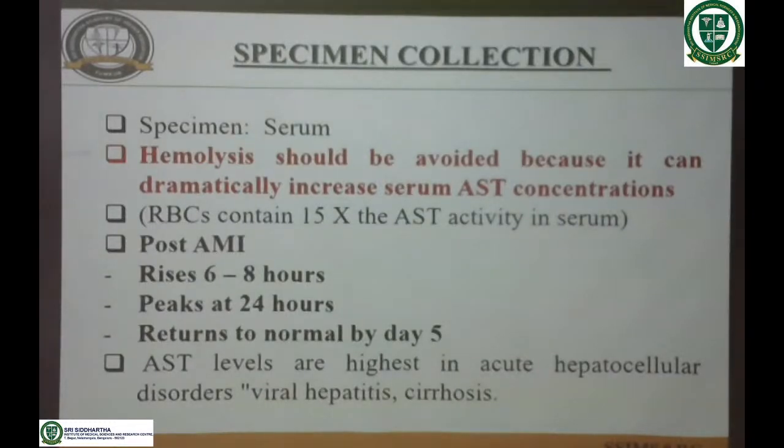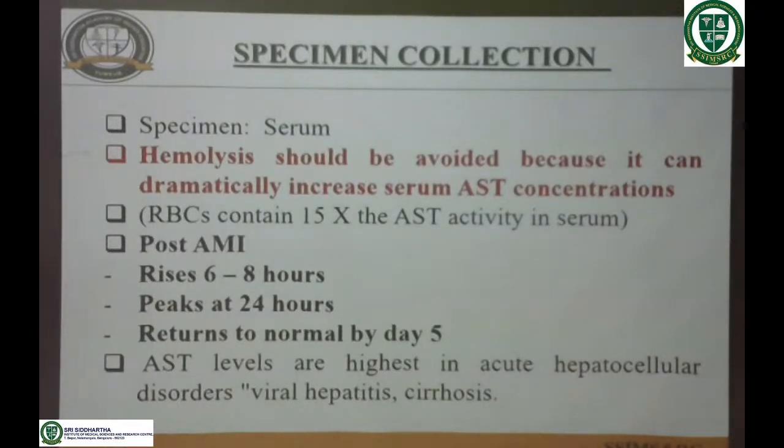Not only for the AST and ALT tests, but for most tests, we have to avoid hemolysis. Hemolysis should be avoided because it dramatically increases the concentration of AST. If the sample is hemolyzed, the AST concentration increases, which may give false positive results.